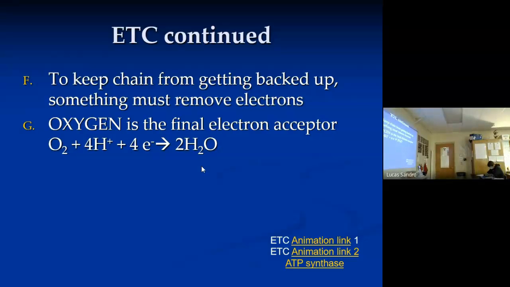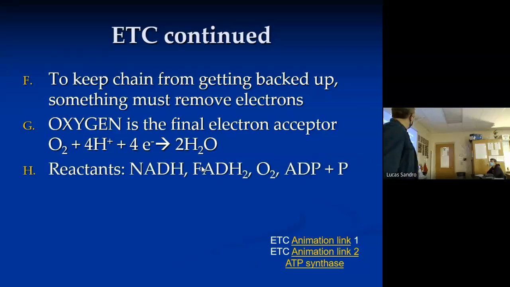You got 2 whole systems of your body, circulatory and respiratory, just to deliver enough oxygen to every cell in your body to keep your electron transport chains going. So again, reactants and products: NADH and FADH2 are electron carriers.